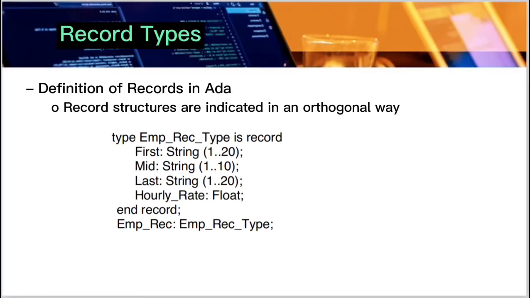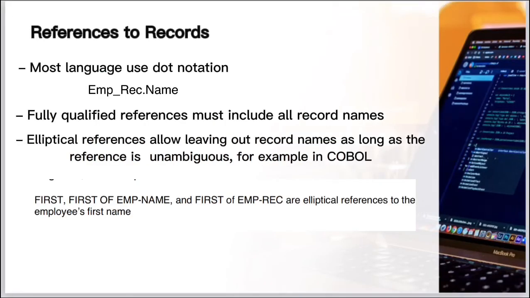Record structure is indicated in an orthogonal way. References to records: most languages use dot notation, for example record.name. A fully qualified reference must include all record names.